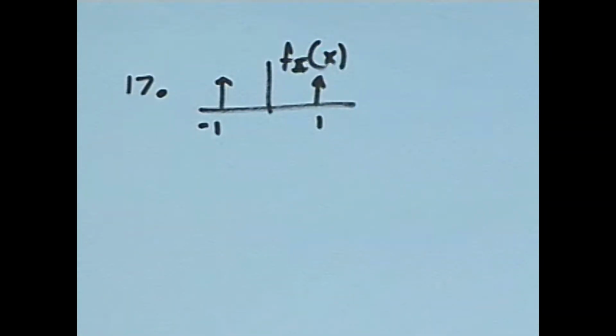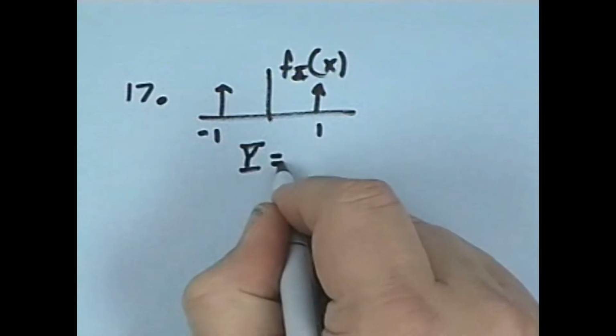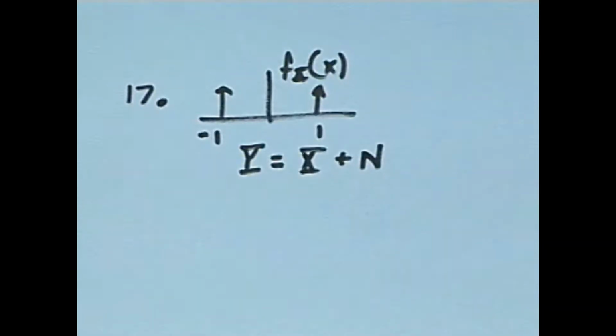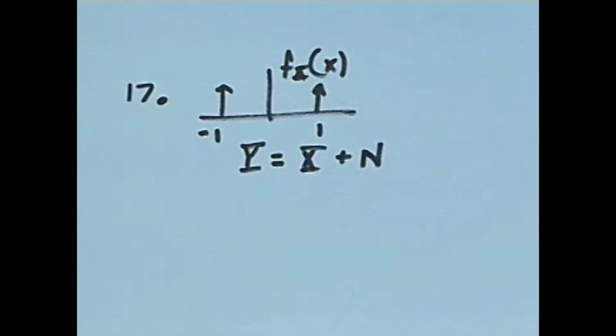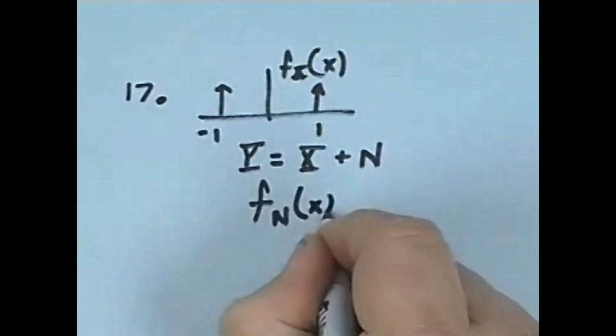And then we have the output y, which is equal to x plus some noise. And the noise is a Laplace random variable.